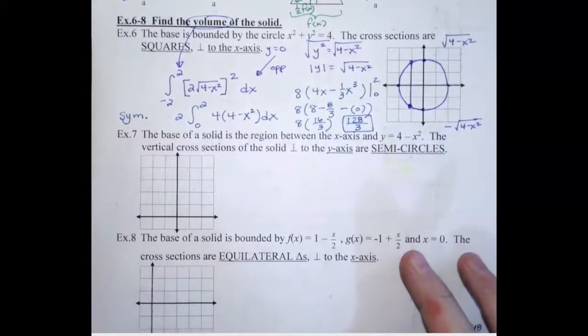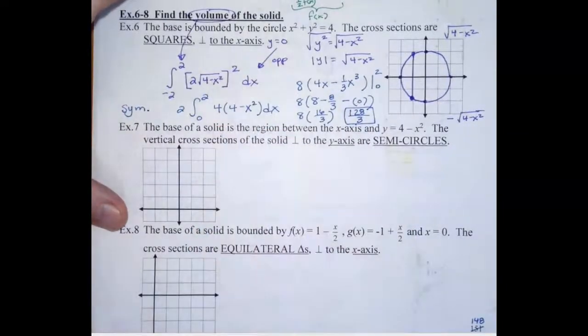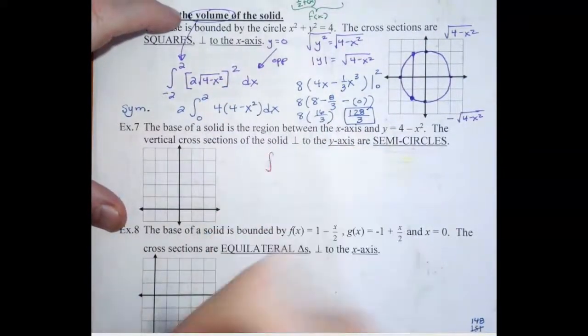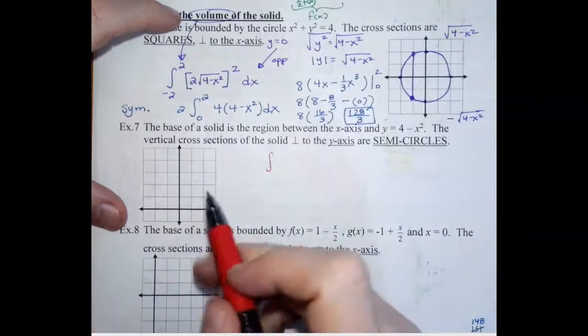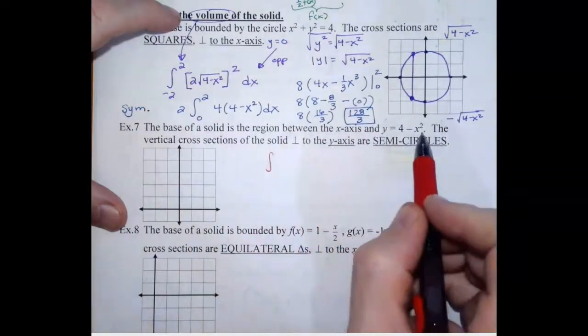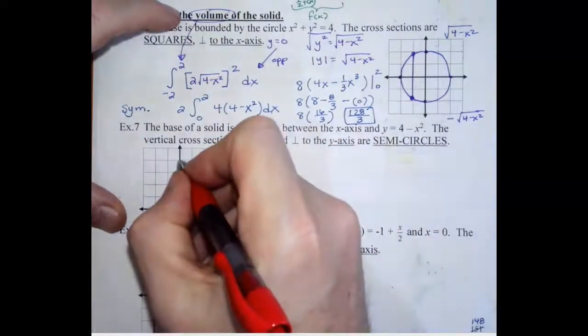Okay, so let's try another one. So now the base of a solid is, so from the very beginning it says that that's going to be a volume. So we're going to be integrating. And the base of the solid is the region between the x-axis and this. So this is a parabola reflected over the x-axis and shifted up 4.